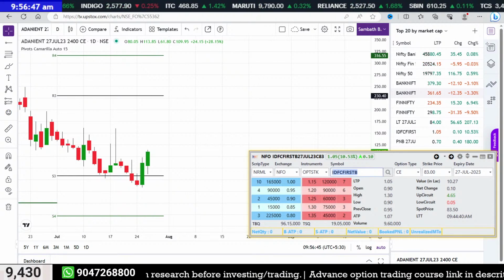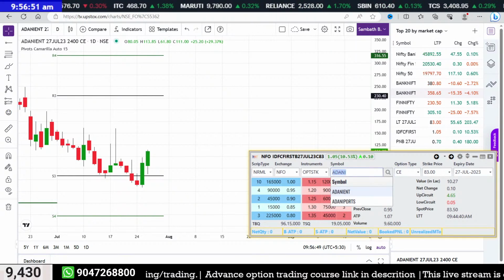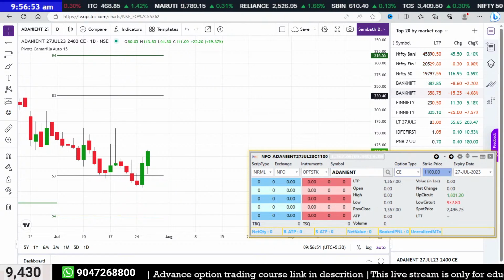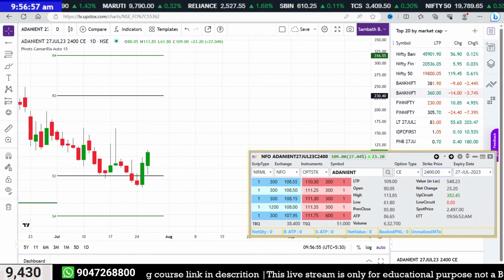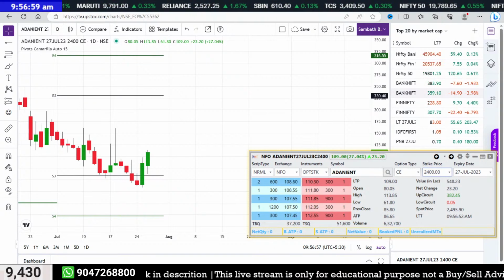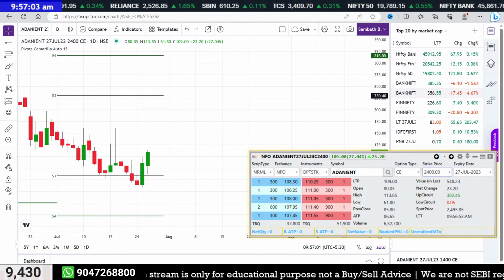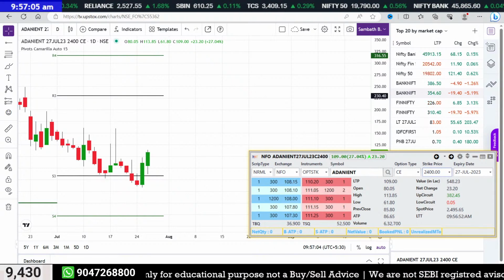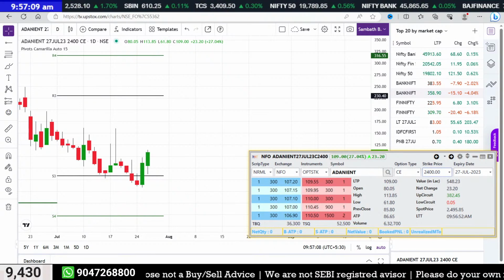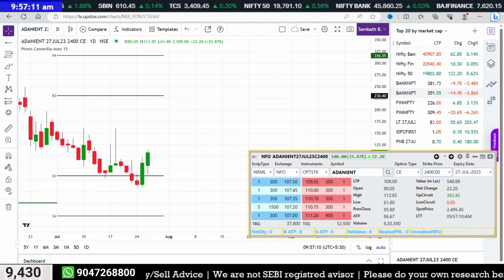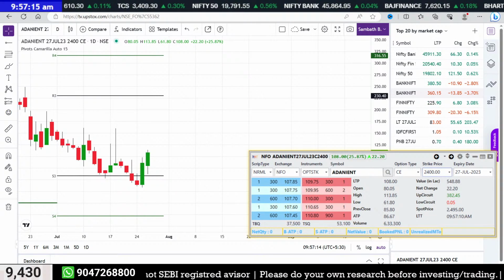Okay, so look at this Adani Enterprise, 2400. I think the stock is not moving well. So almost 108, 110, so 113. So it's not about today's entry, it's about a previous day's entry which was triggered yesterday near the close. So it has almost already moved.